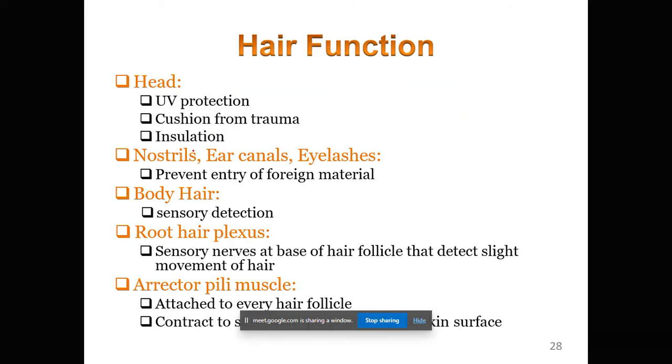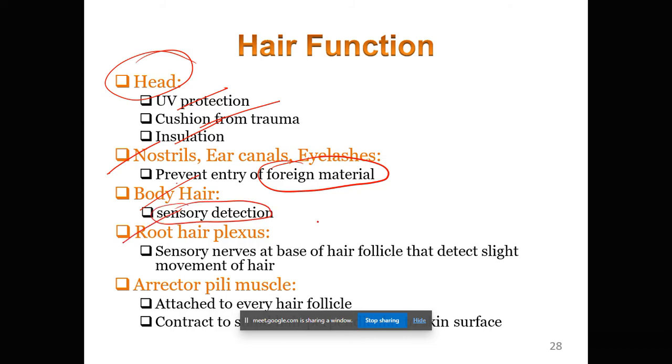Okay, so the function of hair: in case of the head, it is UV protection, cushion from trauma, then insulation. In nostrils, ear canals and eyelashes, it prevents entry of foreign material. Then body hairs, sensory detection.